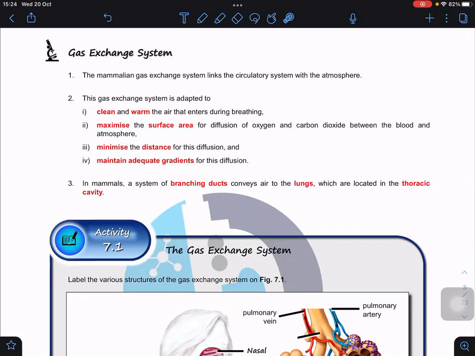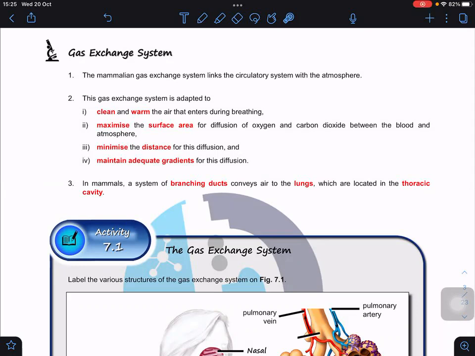And always remember, for gas exchange, we always refer to the partial pressure gradient. We always compare the partial pressure of oxygen in 2 different parts, for example alveoli and the capillary.